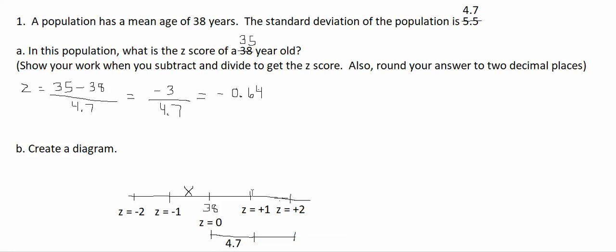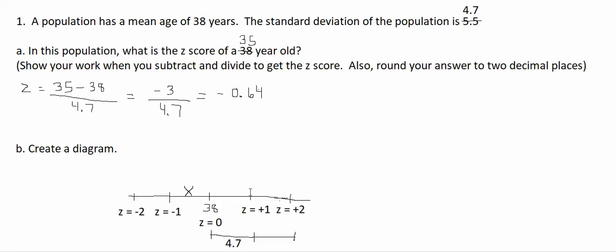So this z-score of plus 1 is really just 4.7 above the mean of 38. So, well, let's see. 38 plus 4.7 is 42.7. So if a person's age was right here at positive 1, that just means that they're 42.7 years old.